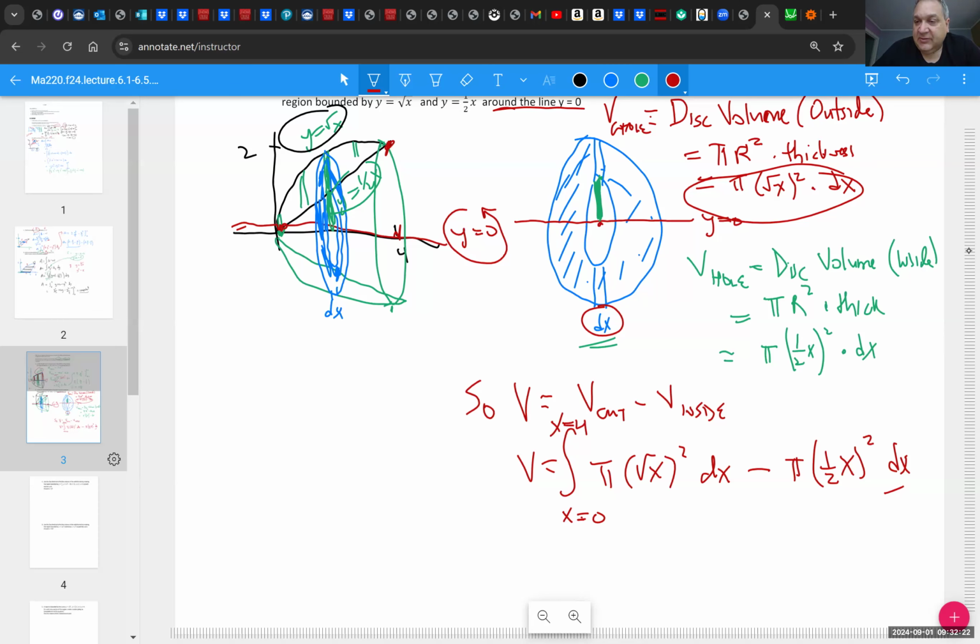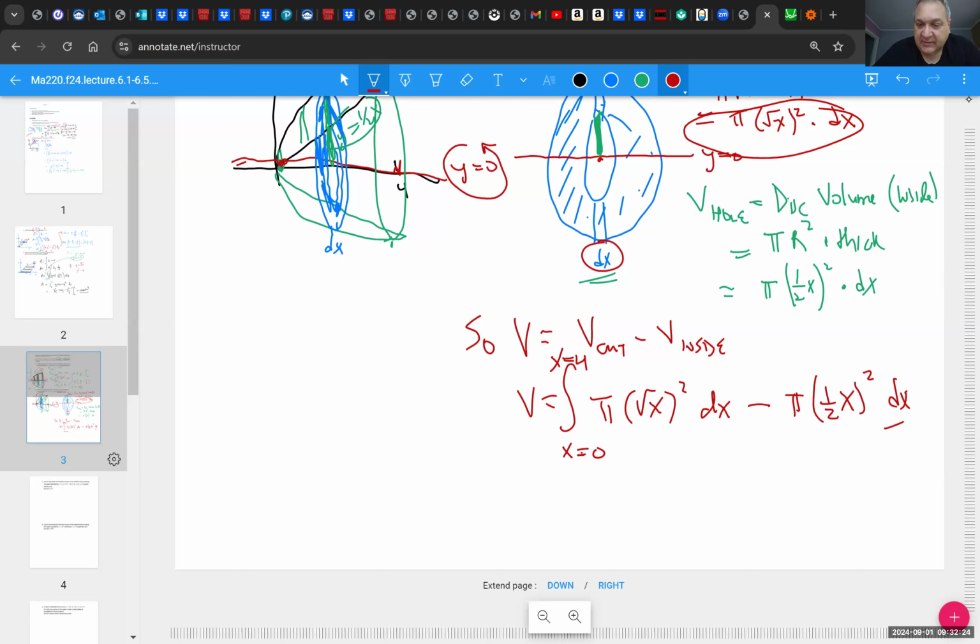Now, the mathematician will try to make this look a little nicer. Since there's a pi in both things, they will factor a pi and put it on the outside. Since there's a dx in both things, they're going to factor it and put it on the right side.